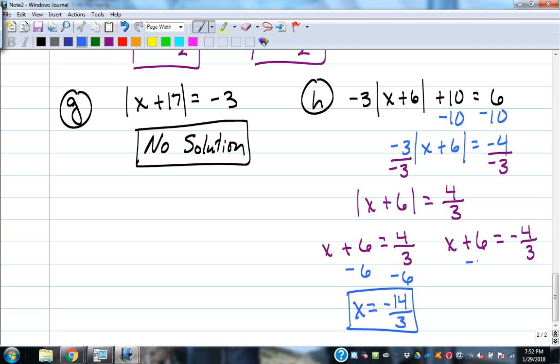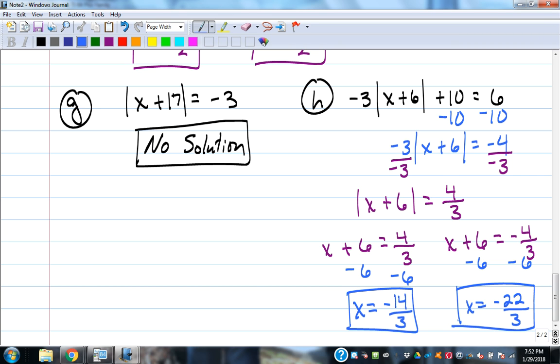And then subtract 6. And that's going to be -22/3. We get two answers for that. They work in the original.